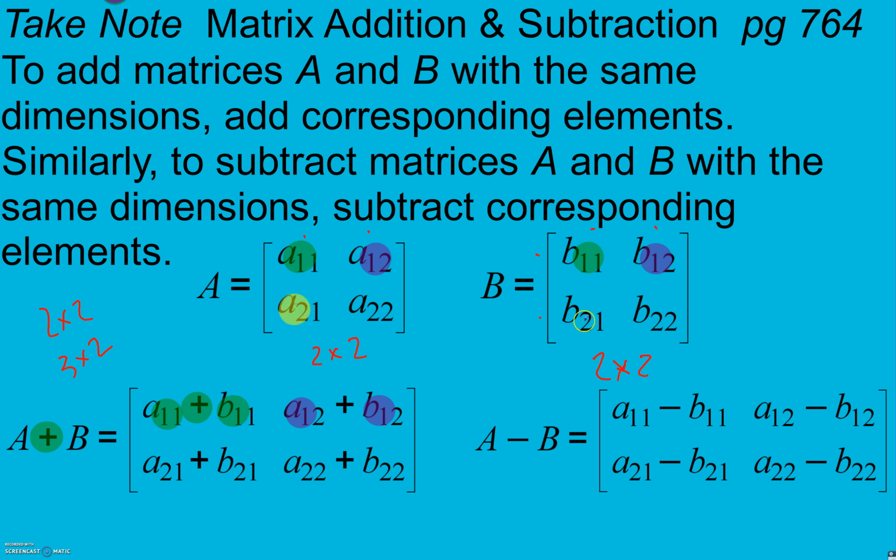A sub 2, 1, B sub 2, 1, those two we put together and add them. Same thing here, sub 2, 2. And those two go together. So corresponding elements, same thing over here. We just subtract instead of add. But it's the exact same idea. We still put the same ones together.